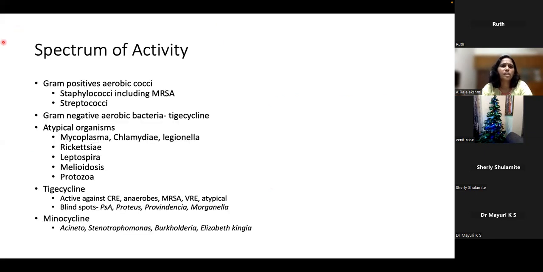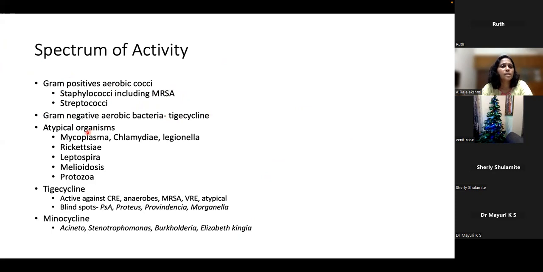Spectrum of activity of tetracycline is, it is good for many of the gram-positives, though resistance is reported with streptococci. It also covers Staph aureus, including MRSA, though the resistance may be up to 20 to 30%. Gram-negative, it is not a great drug, but we have newer drugs like tigecycline, which has a gram-negative spectrum.